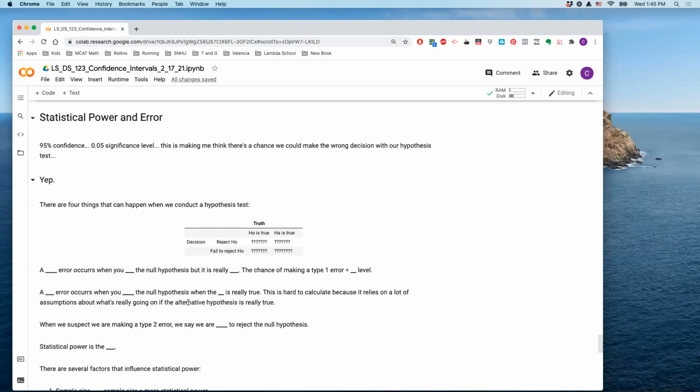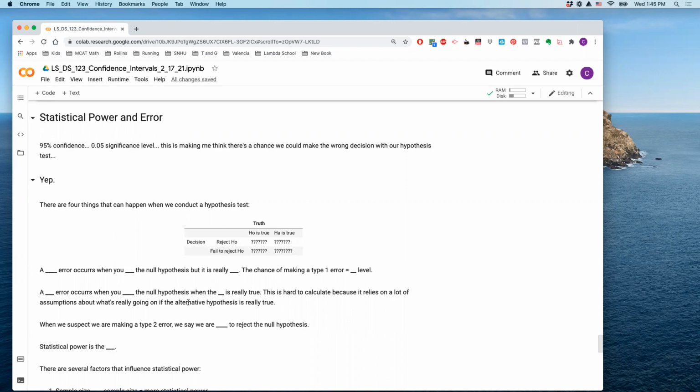All right, so that's a good thing. So here's the bad thing, something we need to talk about. Throughout this whole thing, we've been talking about a 0.05 significance level and 95% confidence.